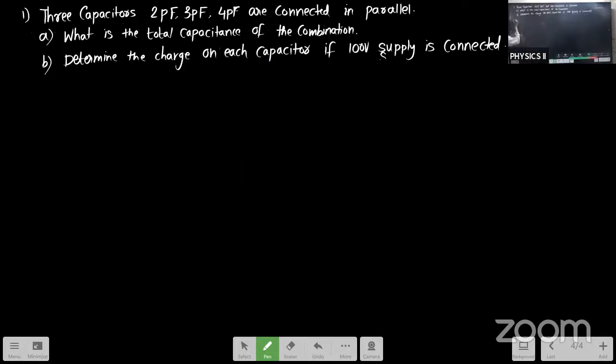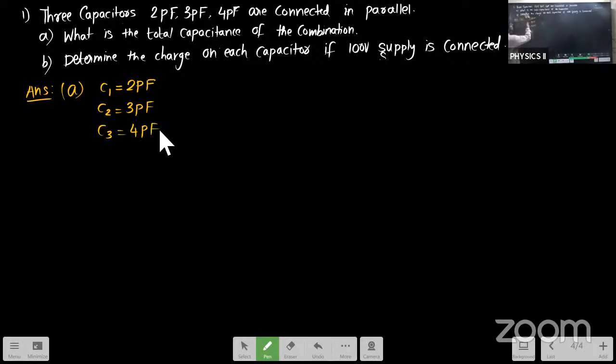First of all, I am writing the first answer. How many capacitors has he given? He has given 3 capacitors. Capacitance C1 is equal to 2 picofarad, C2 is equal to 3 picofarad, and C3 is equal to 4 picofarad.